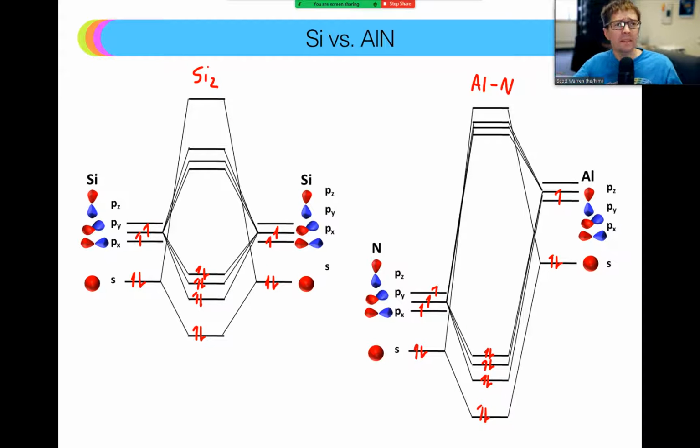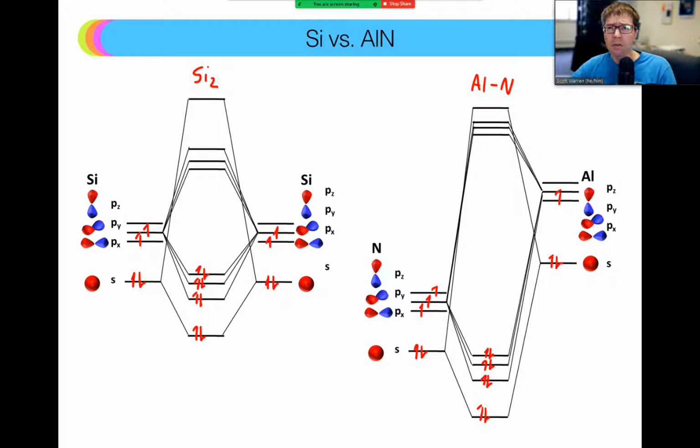We then have this thought process of extrapolating this result into a solid material with an infinite number of atoms. When we do that, we get bands, our valence band and our conduction band. So the valence band is made completely from these filled molecular orbitals, and the conduction band is made entirely from the empty molecular orbitals.